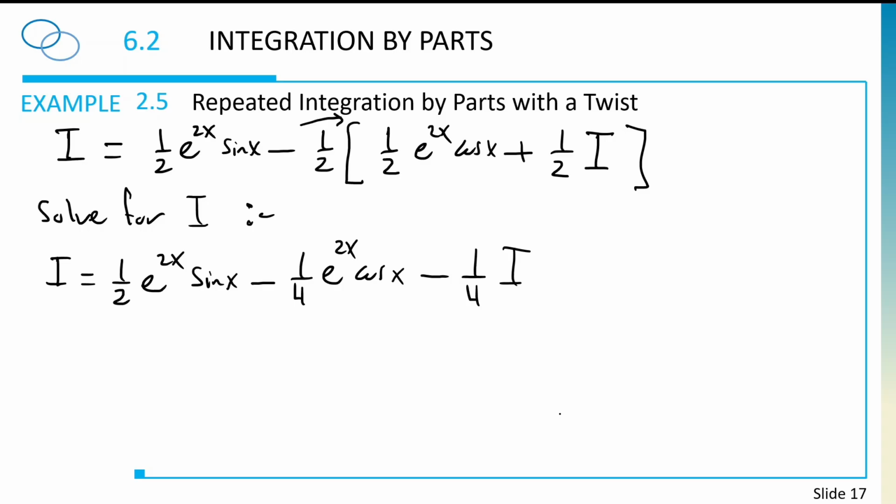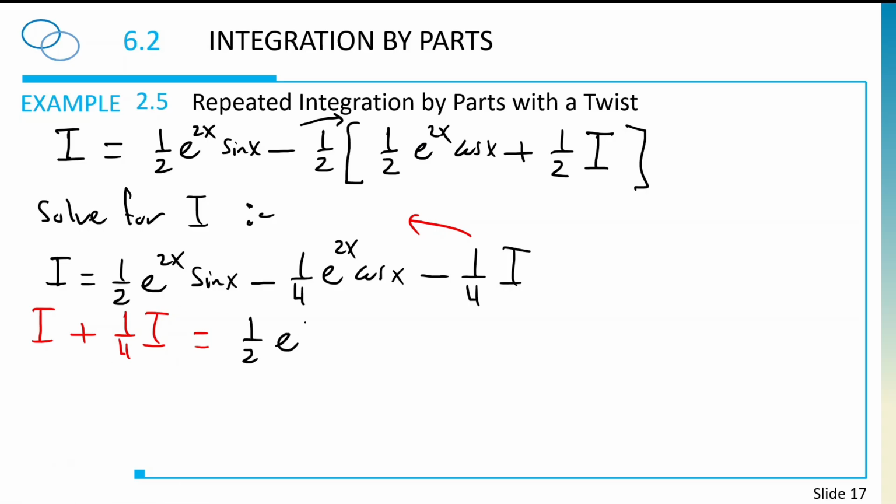Now I need to do what? Solve for I. So I need to move this guy here to the other side, or you just add 1 over 4I to both sides. So I plus 1 over 4I equals to, what do I have here?